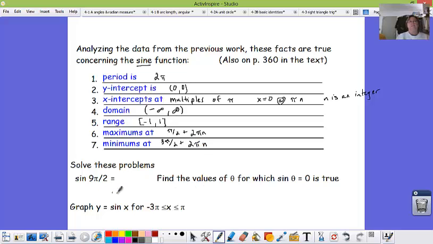Alright, let's see if we can use that information to help us answer these questions. We want the sine at 9 pi over 2. Okay, so I'm thinking to myself, I want to start taking away full turns until I get into the range that I'm familiar with. So I want to take away 2 pi, and 2 pi in halves is equal to 4 pi halves. Agree?